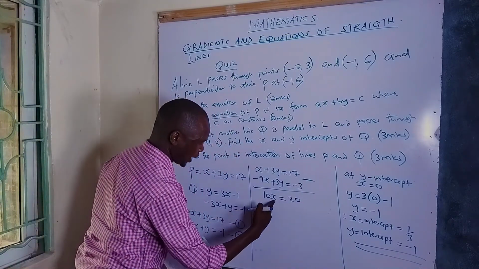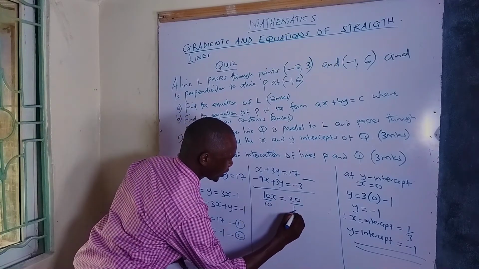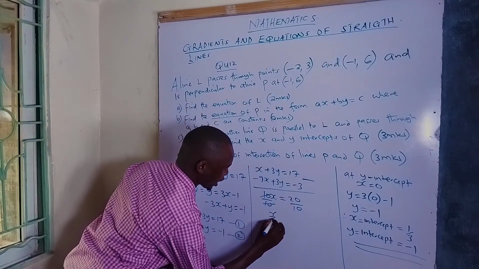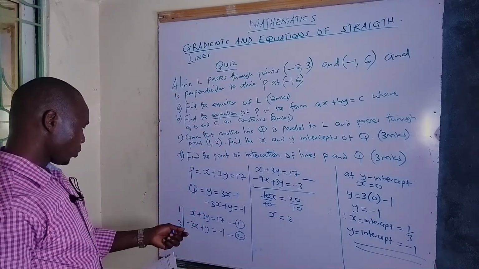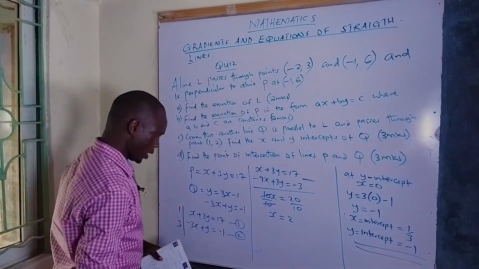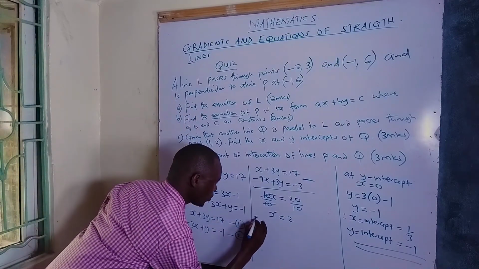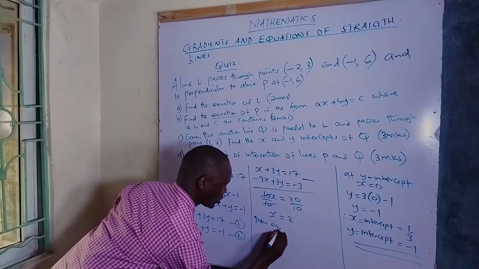For us to get x, we divide by 10 on both sides, and our x is going to be 2. Using that value of 2, we can get our y. From equation 1, let us substitute the value of x.